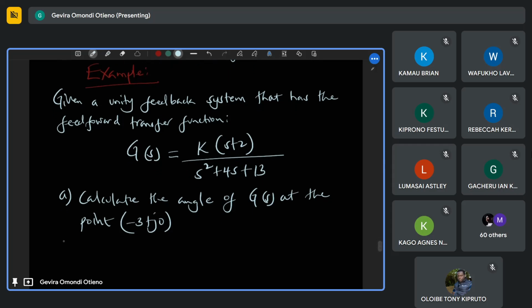Part B, question: determine if the point specified in A is on the root locus.